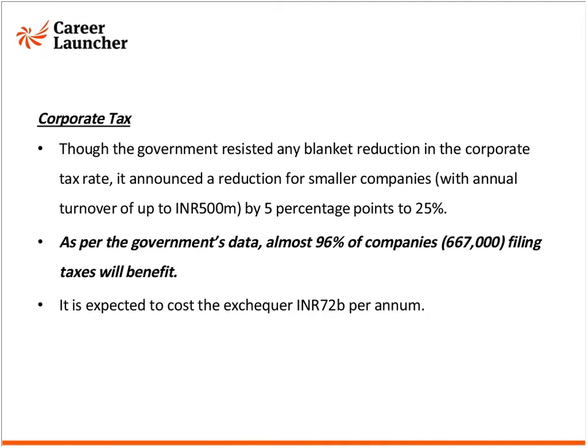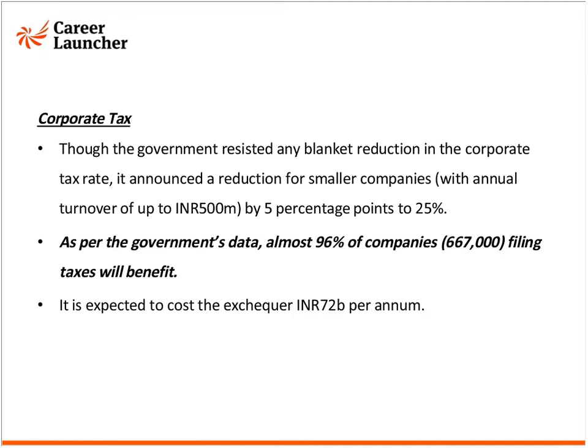So any company that has a turnover of less than 50 crores, whatever profits they earn, will have to pay 25% tax. Corporates today pay 30% tax. You brought it down by 5 percentage points, which essentially is a 5% benefit to small and medium entrepreneurs of India.